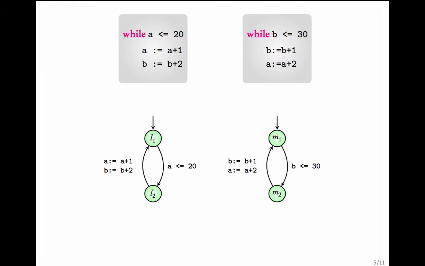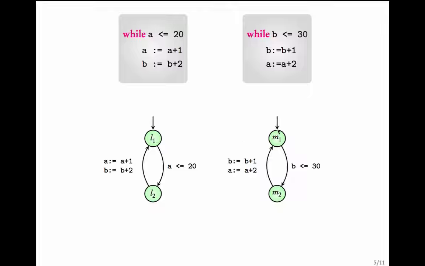Now, let us look at another example. There are two parallel programs, communicating programs, over variables a and b. This checks if a is less than or equal to 20, it increments a by 1 and b by 2. This one checks if b is less than or equal to 30 and increments b by 1 and a by 2.